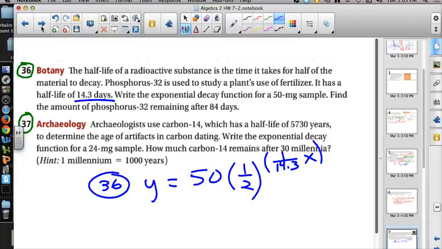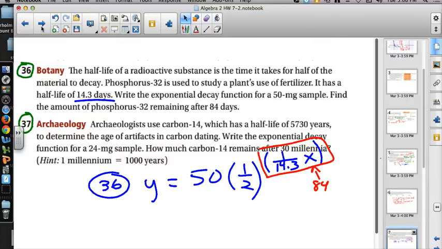And then it says to find the amount of phosphorus 32 remaining after 84 days. So now that you have it set up, you can just put an 84 in here and things will work out pretty good. But it's this part right here that is so important because this is done after 14.3 days. It is not potent anymore.